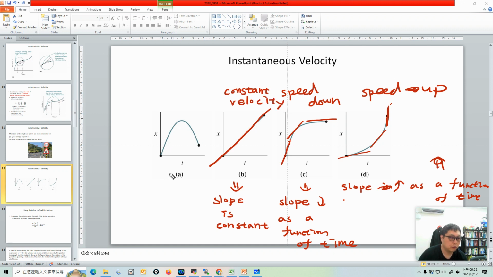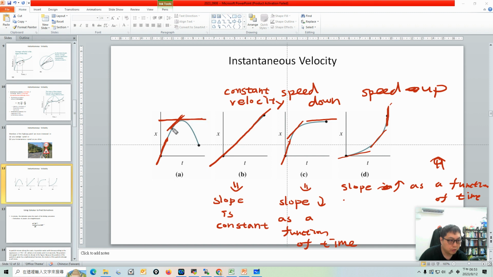And the leftmost example, let's see what happened in this motion. That's pretty interesting. We draw the slope here. The first slope is here, and the second slope is decreased a little bit, and then at this point the slope is like this.